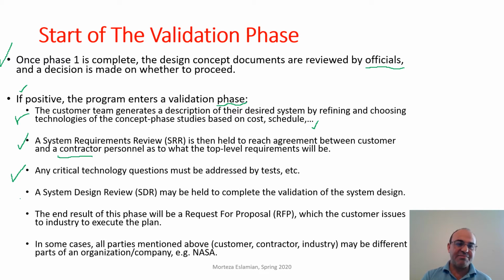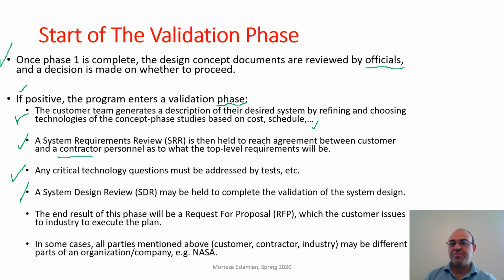And after the system requirement review, a system design review may be held to complete the validation of the system design. So the end result of this phase will be a request for proposal.